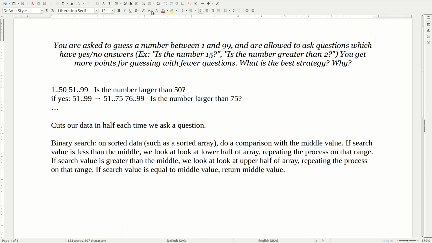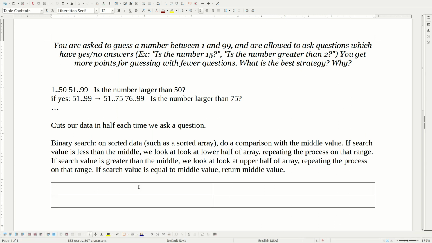Let me insert a table here. So if our range size was 1, pretty obviously we would need to do one comparison or question in my example up here.